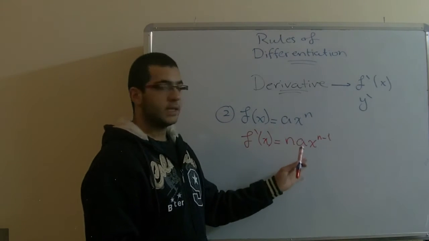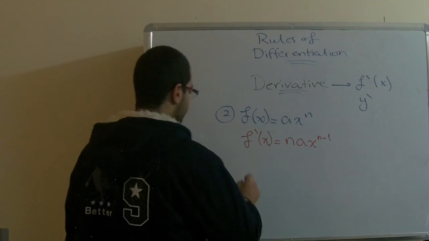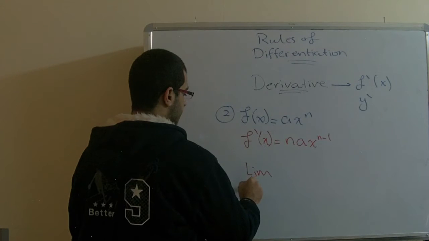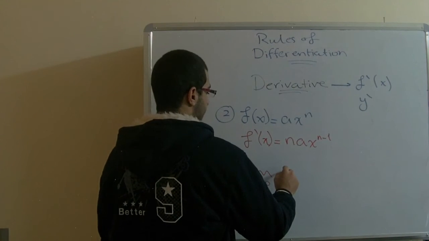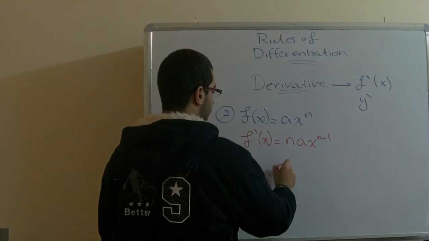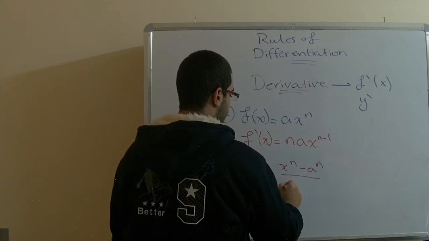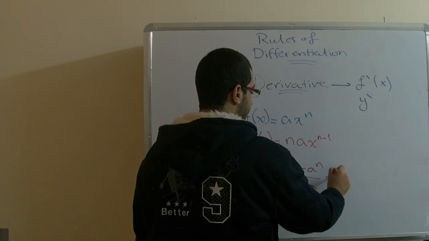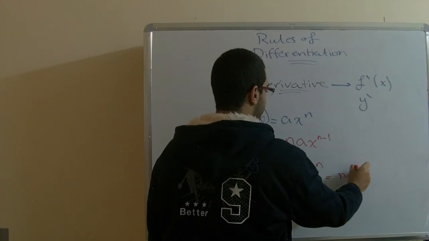This is because in the limits, as we mentioned before, if we have the limit as x approaches a of x to the power n minus a to the power n over x minus a, the result here is n a to the power n minus 1.